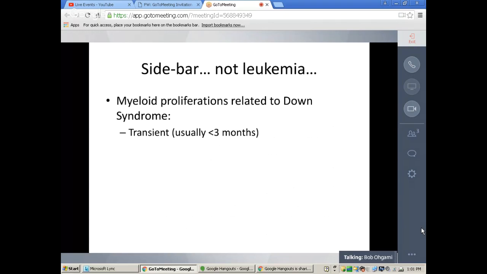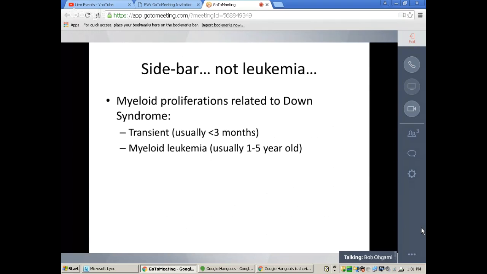Some of these will be quite transient, and that's when the patients are young, generally less than 3 months. Patients can come in and have something that looks, for all the world, like acute myeloid leukemia. If they're young and it's the first time, it will probably disappear.